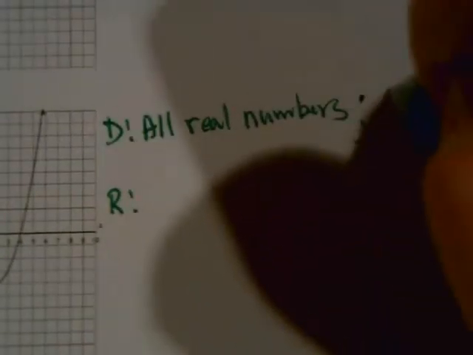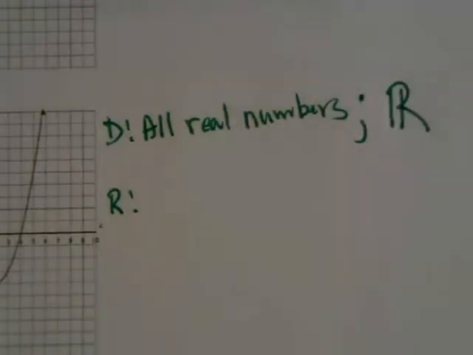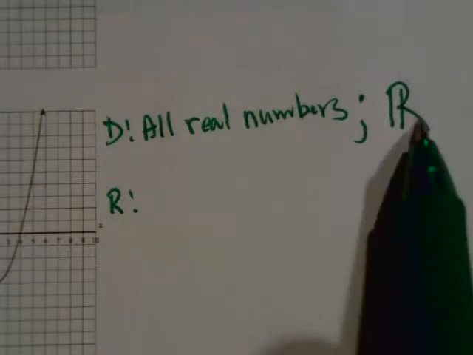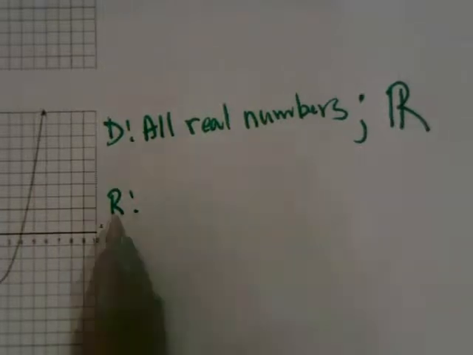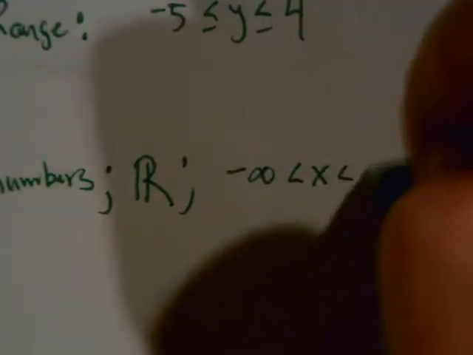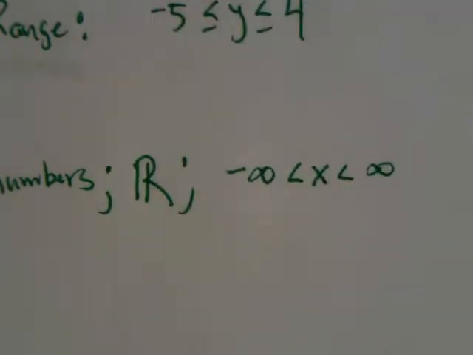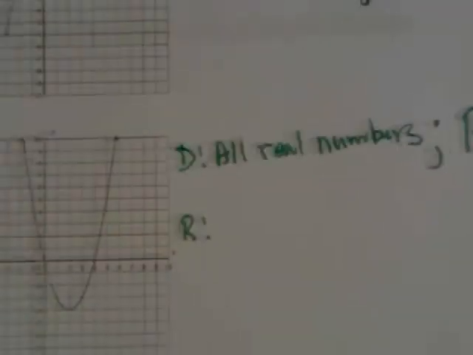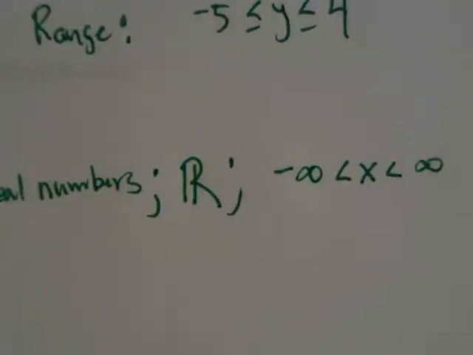A symbol for all real numbers is kind of a fancy R. I'm not a big fan of using fancy R here because I tend to use R for range and I don't want those to be confusing. Or the other symbol you will see, you could write X is any number between -infinity and +infinity. Typically we simply write the words all real numbers, but if you like symbols you could write either of those too.